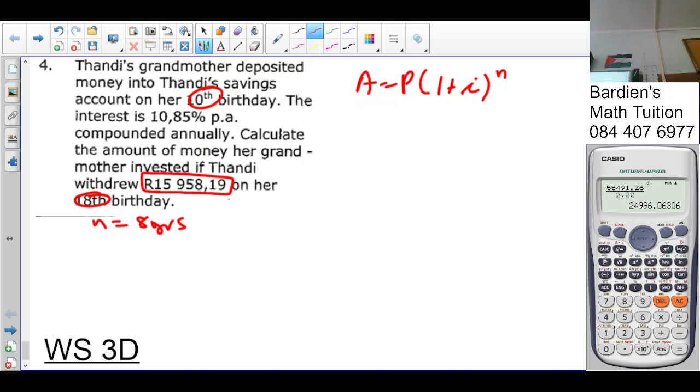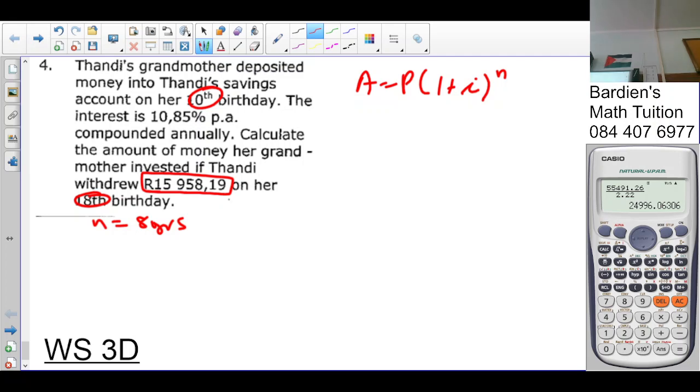So you see, we are told that Tandi's grandmother deposited money into Tandi's savings account. What does that mean? There's a certain amount of money that was deposited. Now remember, what did we say? What is P?